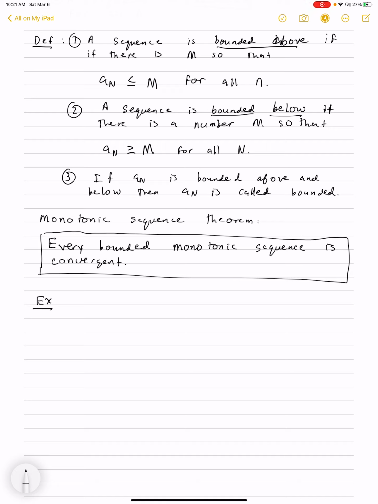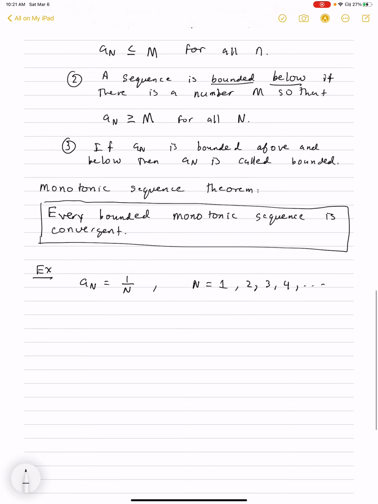So here I'm going to give you a sub n. This is going to be 1 over n, and n begins at 1, 2, 3, 4, and so on. Now, certainly, I think we'd agree a sub n is a decreasing sequence.